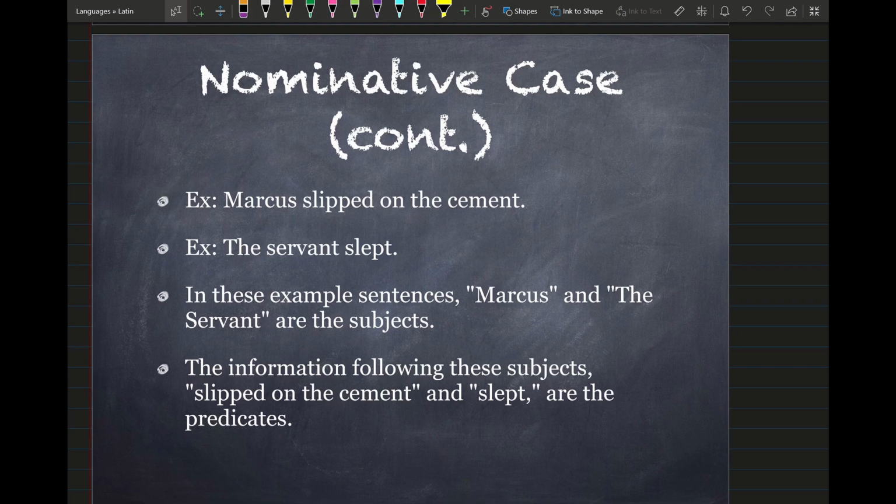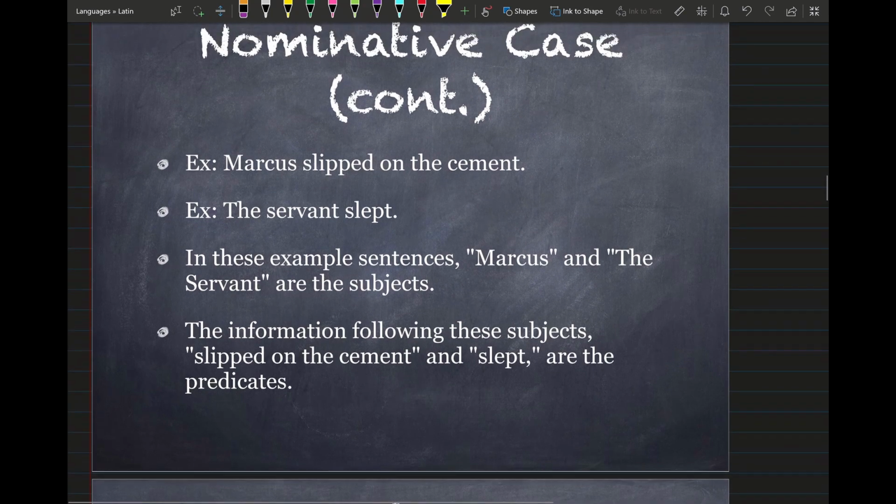So this word here and this here are the subjects of each of these sentences. The information following these subjects, slipped on the cement and slept, are the predicates. So this is the additional information given about these two subjects.